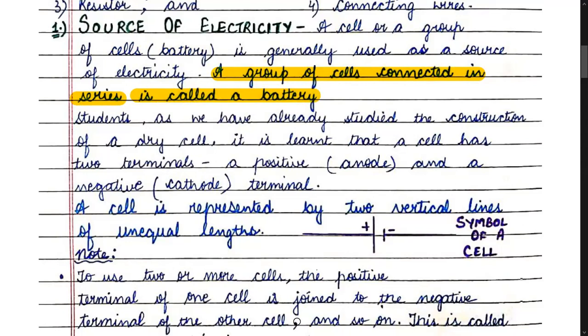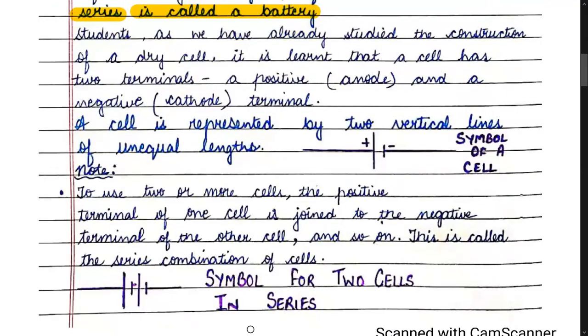Students, as we have already studied the construction of a dry cell, and it is learned that a cell has two terminals, a positive terminal which is known as anode, and a negative terminal, which is known as cathode. So a cell has two terminals, a positive and a negative terminal.